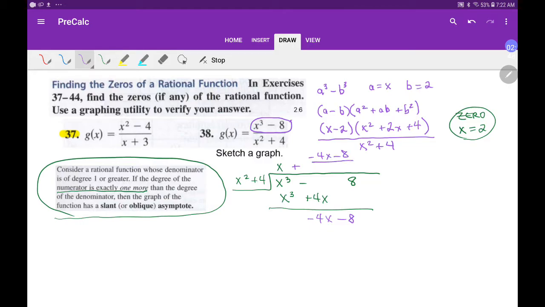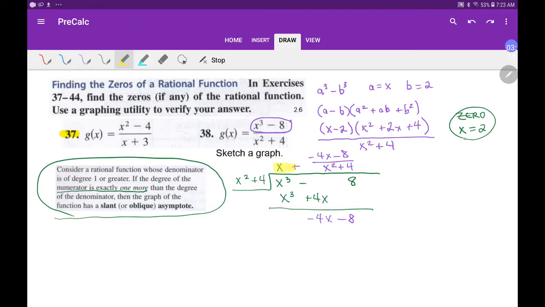And if you recall, the remainder doesn't matter when it comes to an oblique asymptote, because as x gets large, the bottom wins. It wins much more than the numerator. Since the bottom is growing so much faster, the remainder becomes really close to 0, and we really don't have to care about it.